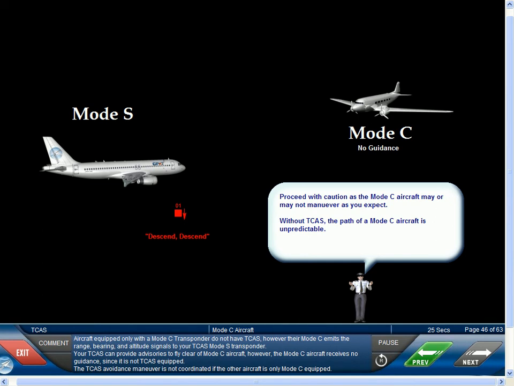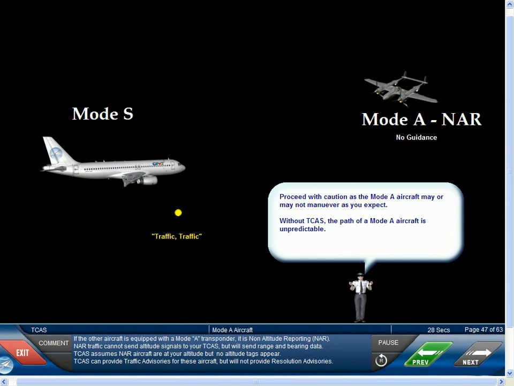However, their Mode C emits the range, bearing, and altitude signals to your TCAS Mode S transponder. Your TCAS can provide advisories to fly clear of Mode C aircraft. However, the Mode C aircraft receives no guidance, since it is not TCAS equipped. The TCAS avoidance maneuver is not coordinated if the other aircraft is only Mode C equipped.